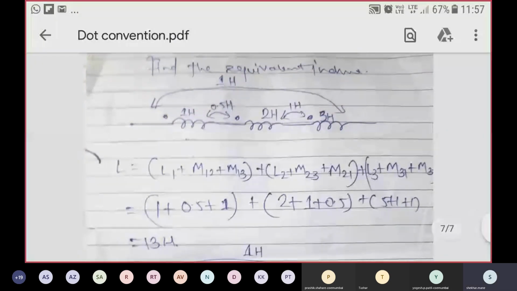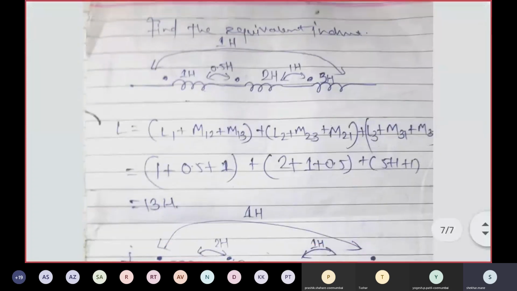Similarly L3 plus M31. M31 is again 1 and M32 is again 1. So you have to add all these self inductances plus mutual inductances, and that will be equal to 13 Henry.